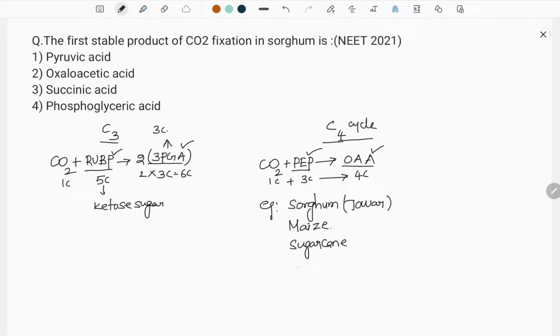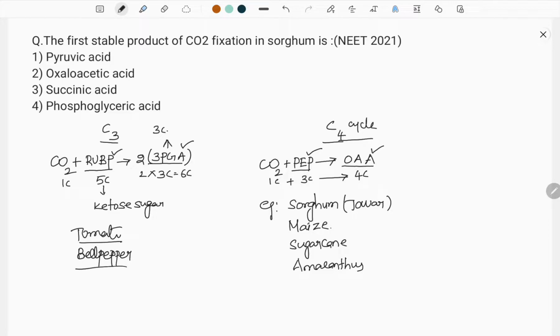And many more plants, like we have amaranthus, a leafy vegetable. So they are all members of the C4 plants. And in C3, we have many more, like tomato, another is bell pepper, and the majority of the plants that we see in our daily life come under the C3 plants.